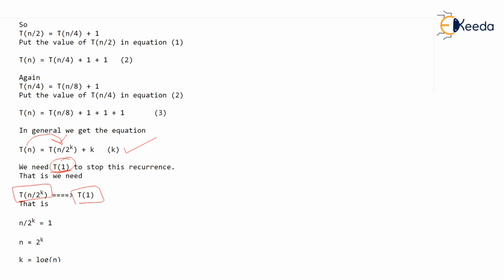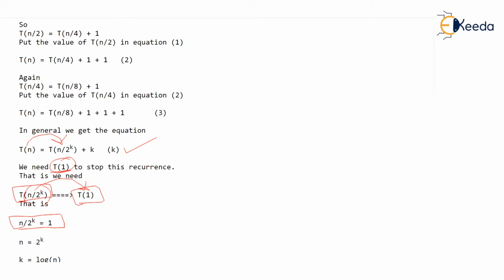When this right hand side will become T1, the recursion will stop because T1 is 1. So that means whatever I have written in the bracket here, n upon 2 raised to k, should become 1. Isn't it so? Should become 1. So n upon 2 raised to k should become 1 to stop this recurrence.